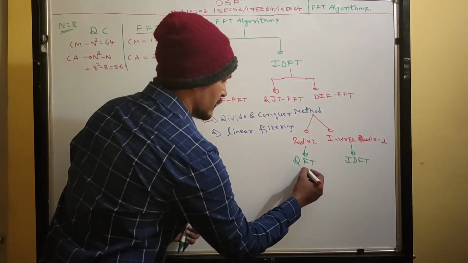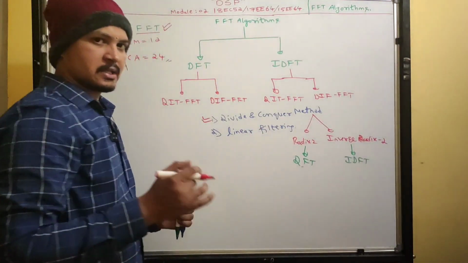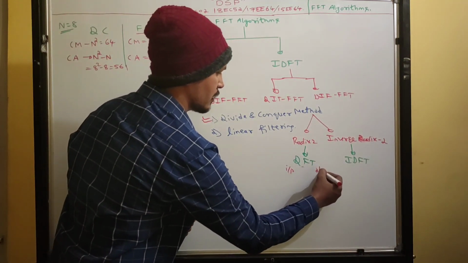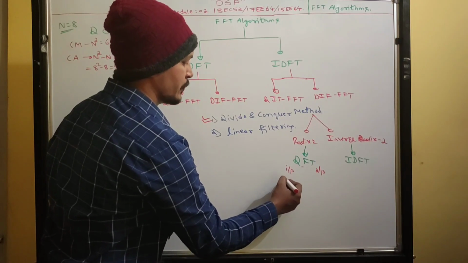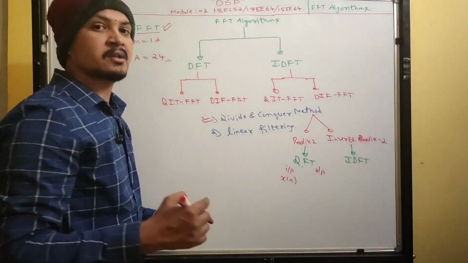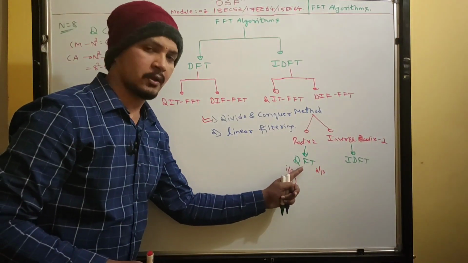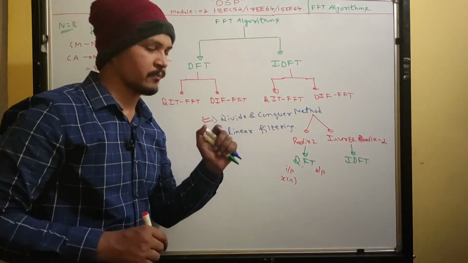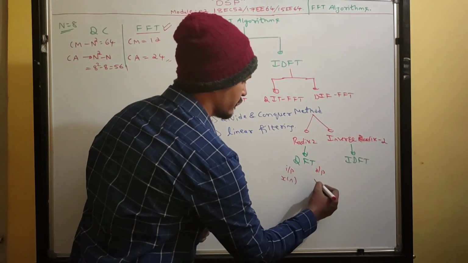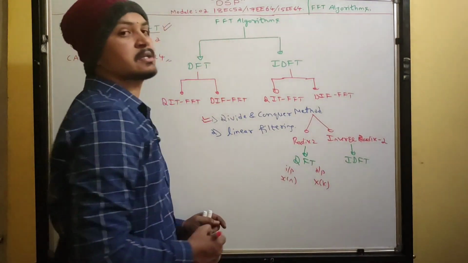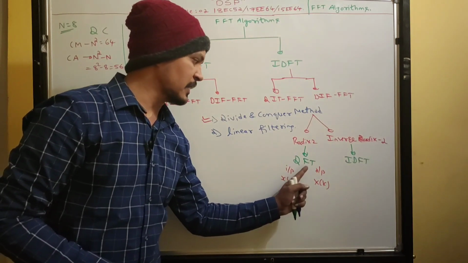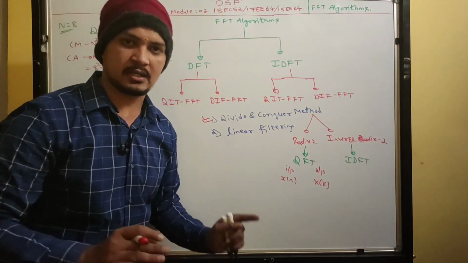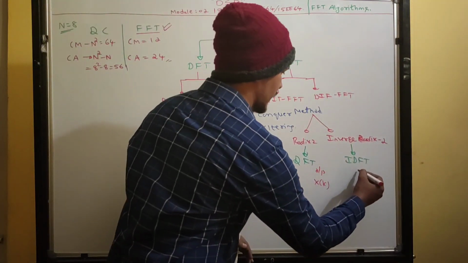If I want to find the discrete Fourier transform, you can make two groups, input and output. The input is always a time domain sequence. To compute DFT, the data should be given as x of n, and we are going to find the frequency samples x of k. So for DFT, input is always x of n and output is always x of k. Then what about IDFT?